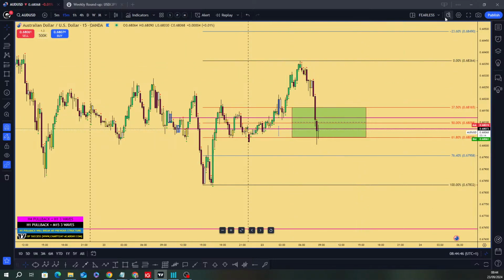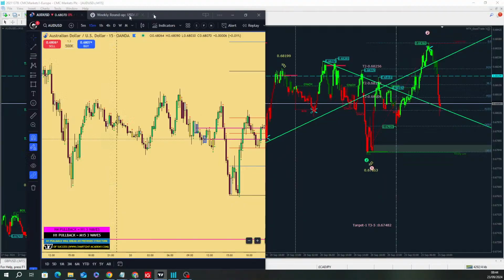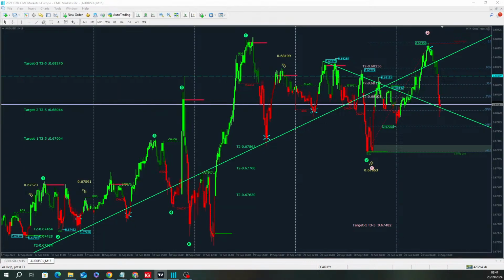So what I'm going to do quickly is to work with the TradingView chart so that I have the pound and the Australian dollar side by side, so we can have a look at them together.